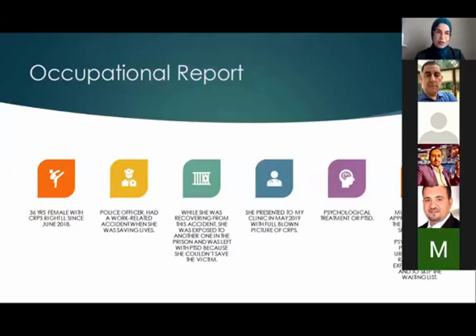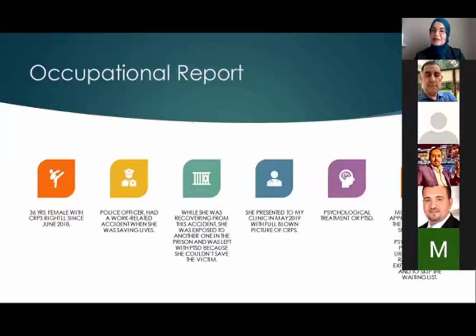When she returned to work, the occupational therapist would assess the workplace, adjust her office and sitting position, and decide what type of work she can do. They will look at her house: does she need any adjustment in her shower, a rail, a step? Can she go upstairs to the second floor or not? So the occupational therapist is very important in the treatment process.